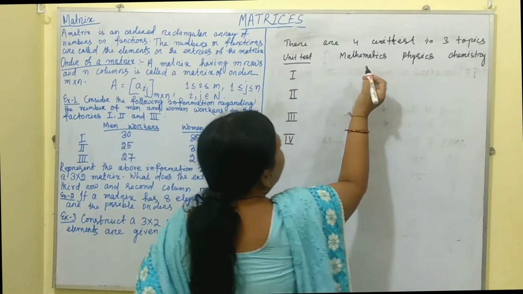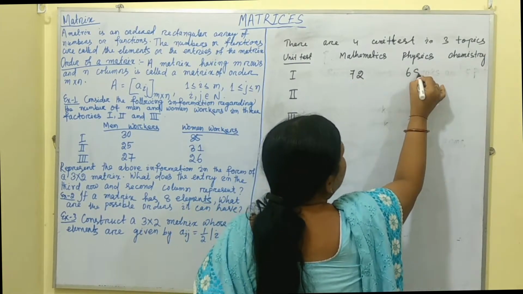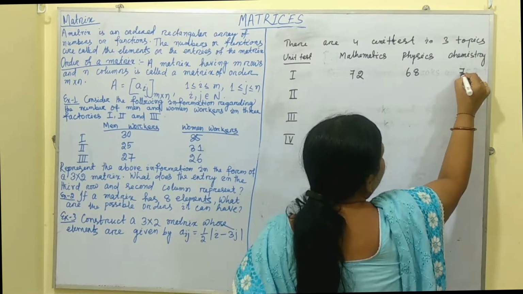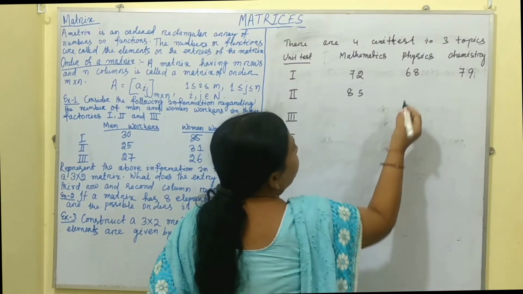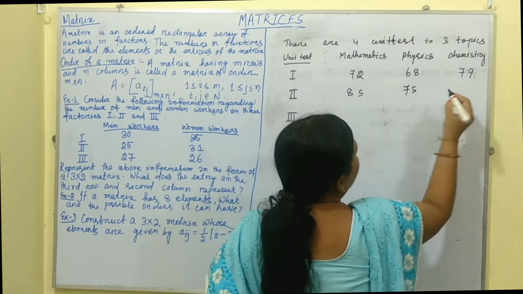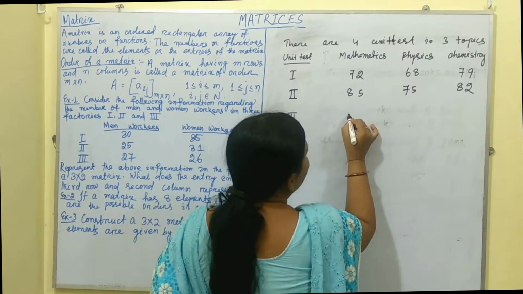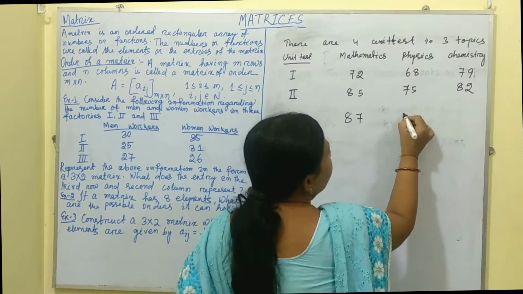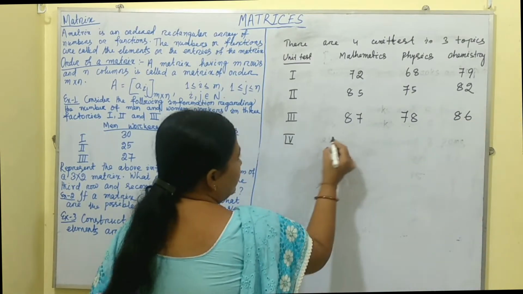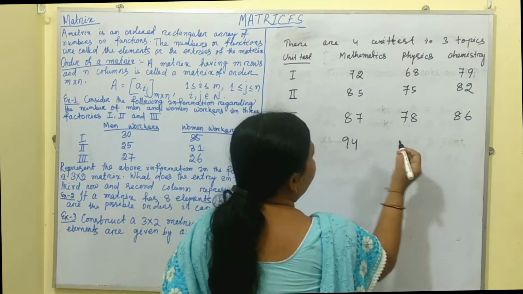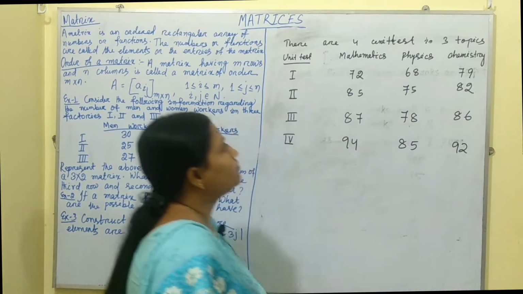In test 1, mathematics 72, physics 68, chemistry 79. Mathematics 85, physics 75, chemistry 82. In unit test 3, 87, 78, 86. Then 94, 85, 92.